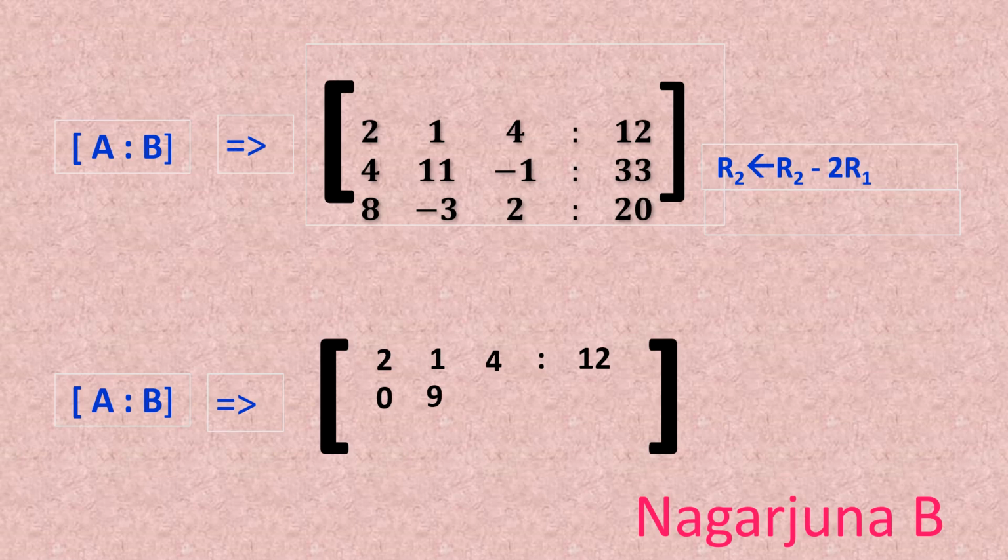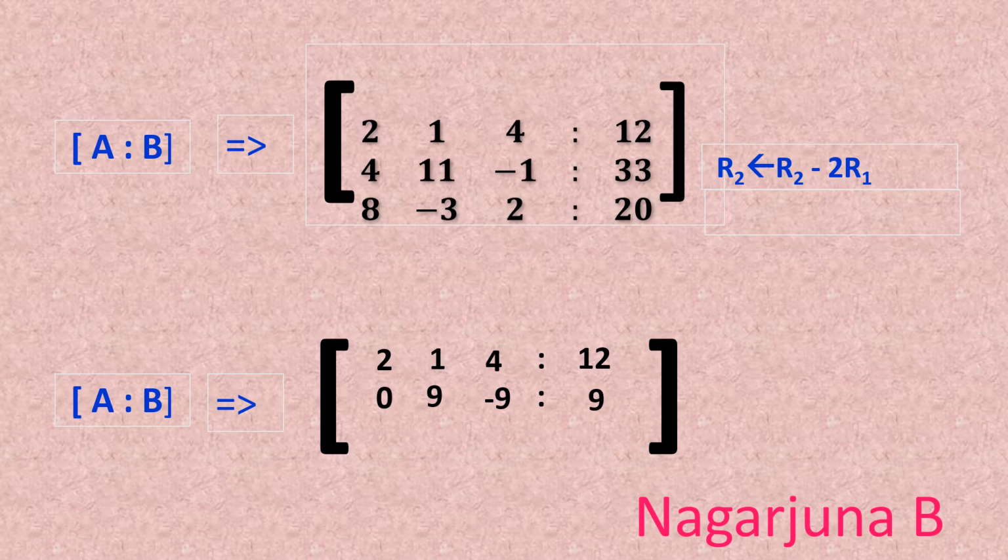Therefore we can write minus 1 minus 2 into 4. Minus 2 into 4 is minus 8. Minus 1 minus 8 will be equal to minus 9. Colon. The fourth element of R2 is 33 and the fourth element of R1 is 12. So that is 33 minus 2 into 12. Minus 2 into 12 will be minus 24. 33 minus 24 will be equal to 9.